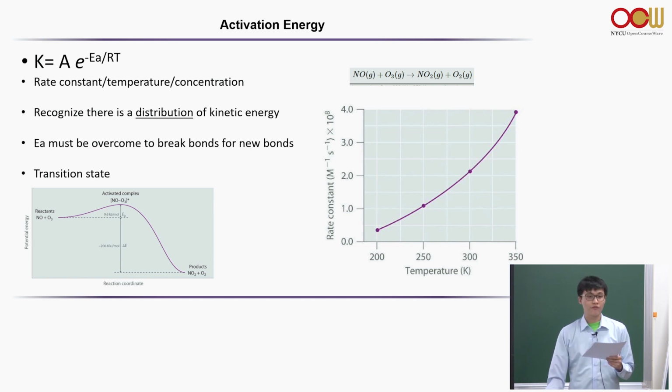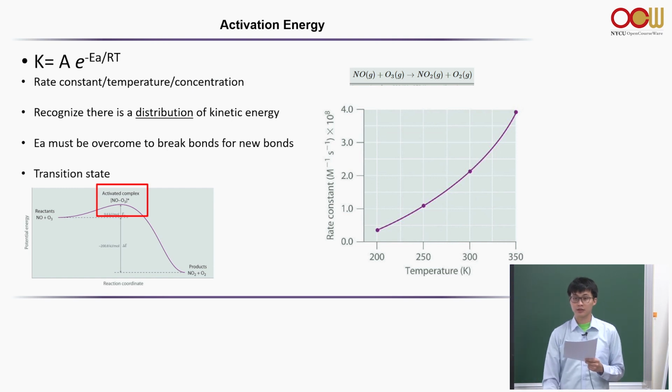Sometimes you may wonder what physical chemists do, right? Physical chemists can use very advanced laser techniques. These pulse lasers can actually detect the chemical bonding, right? So you can actually observe these intermediates, these activated complexes, because these things are not very stable, okay? And their lifetime is very short.